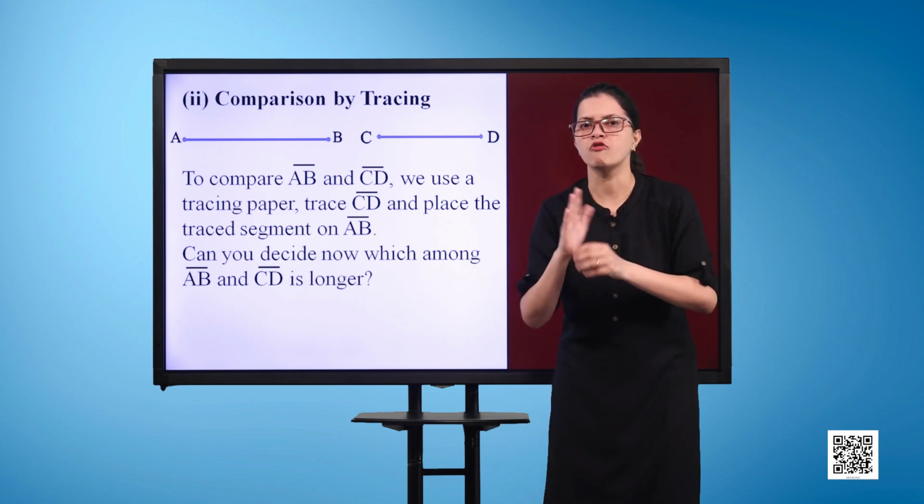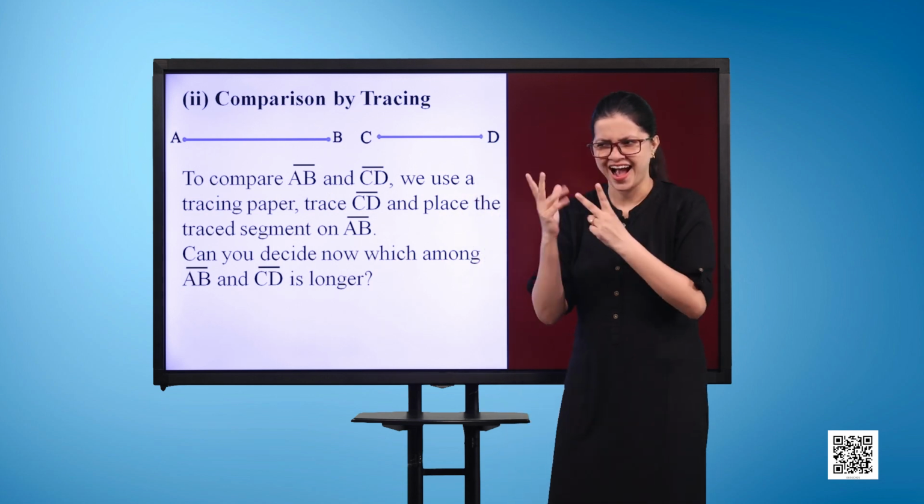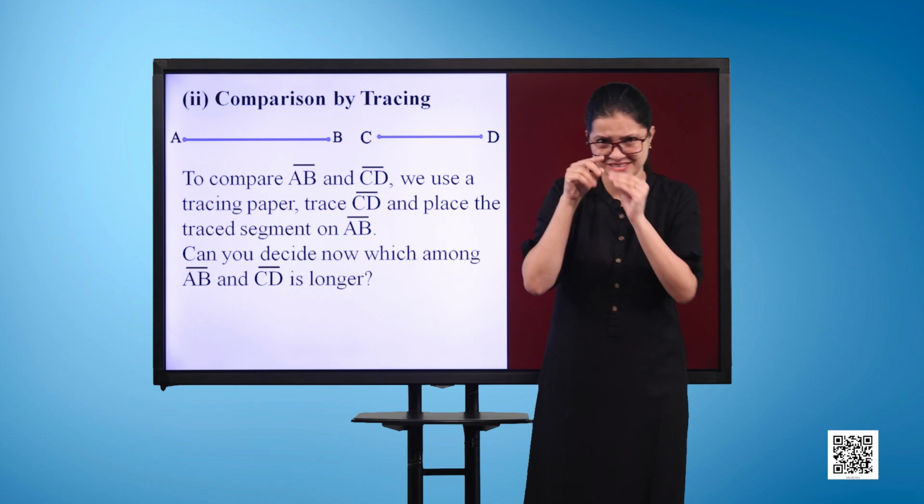Can you decide now which one among segments AB and CD is longer?